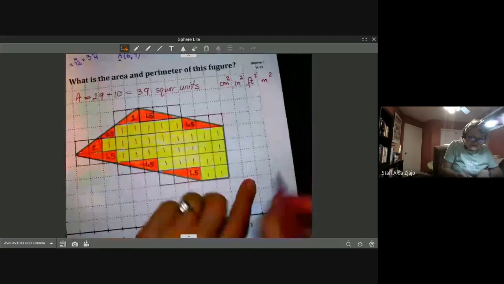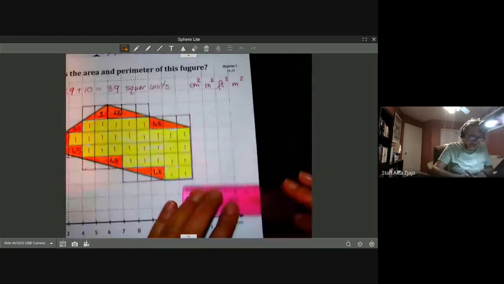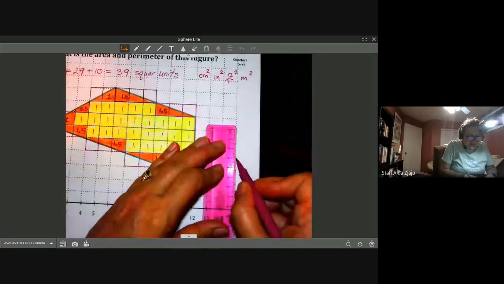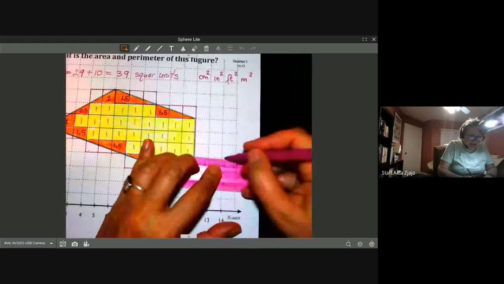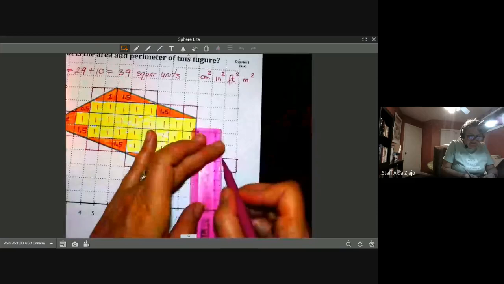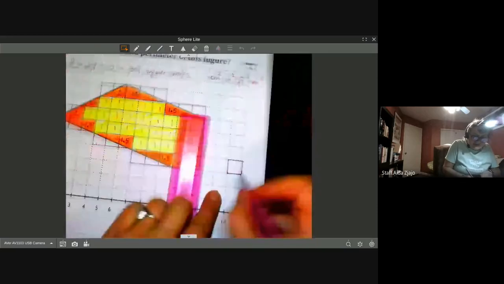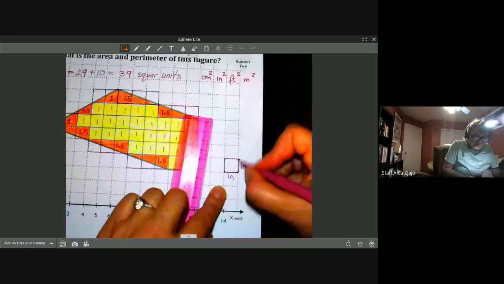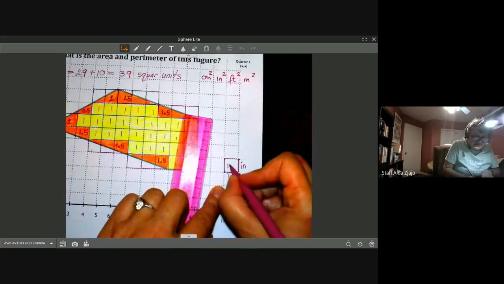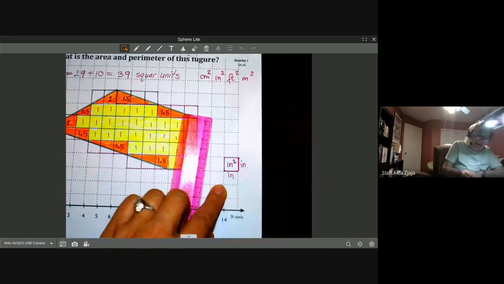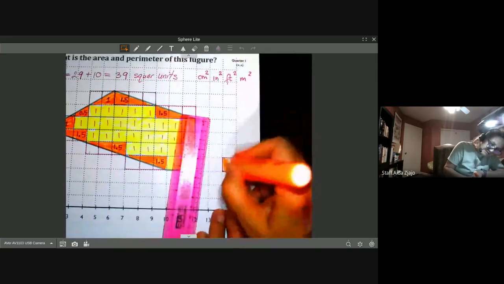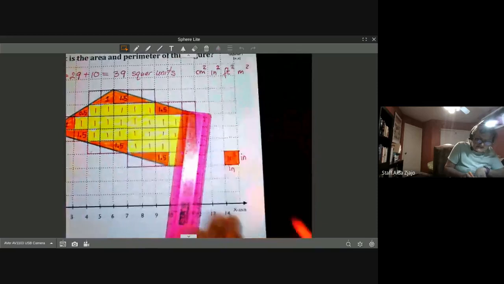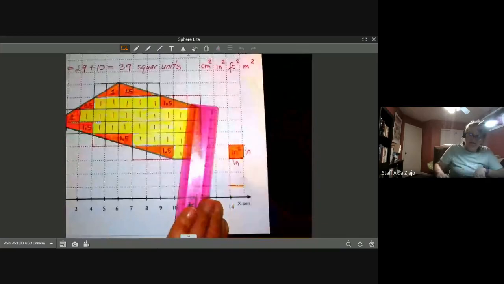So if this is my square, and for example the unit is an inch, inch times inch will give me square inches, because I'm really calculating squares, while if it's just inch, it's the line of an inch.